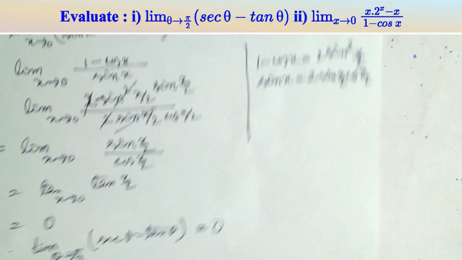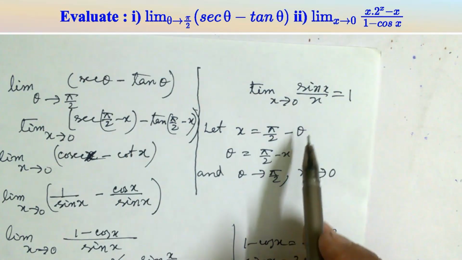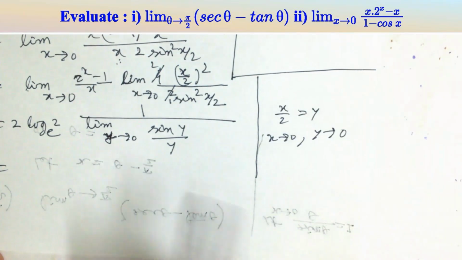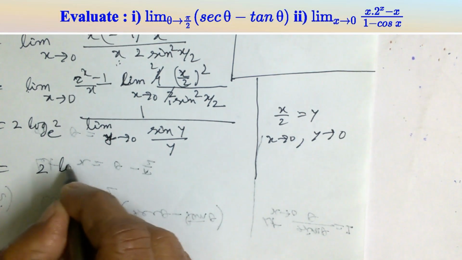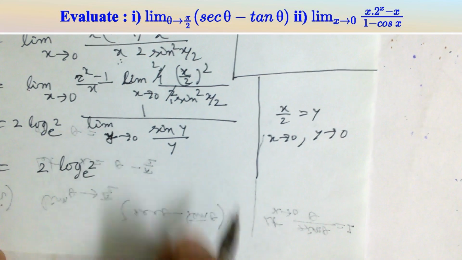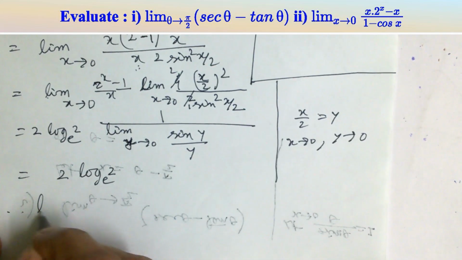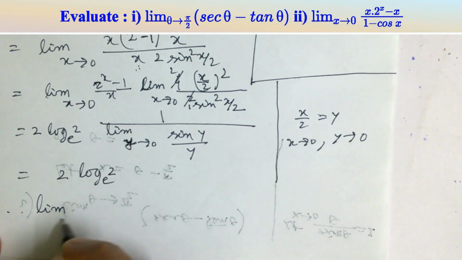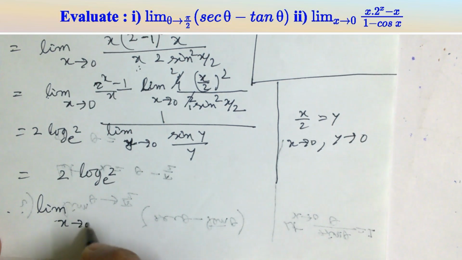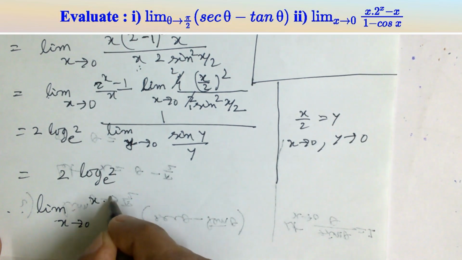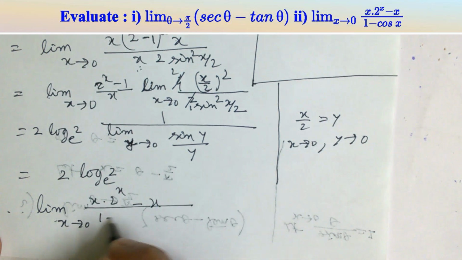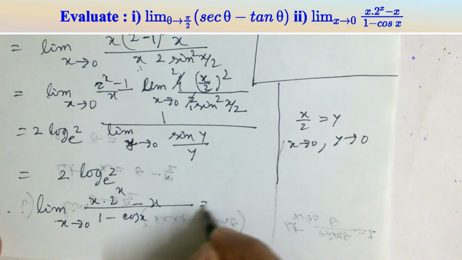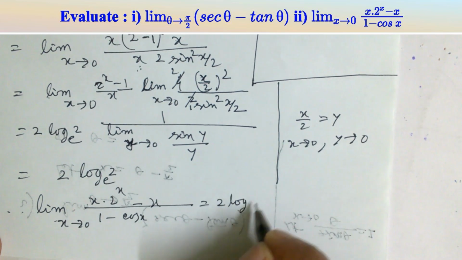Therefore, as per the formula shown before, sin y by y equal to 1. So finally the answer is 2 log 2 to the base e. Therefore, limit x tends to 0 of x into 2 to the power x minus x divided by 1 minus cos x is equal to 2 log 2.